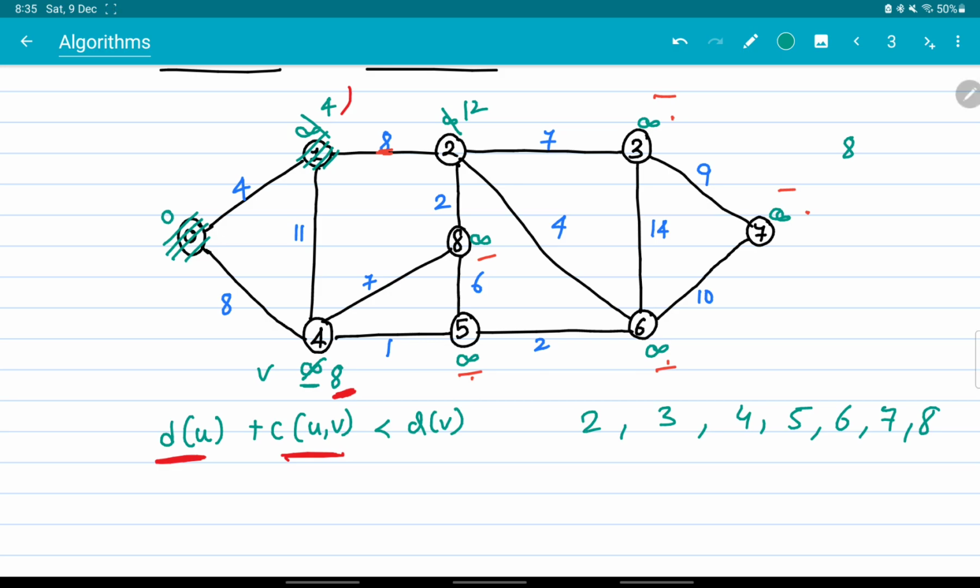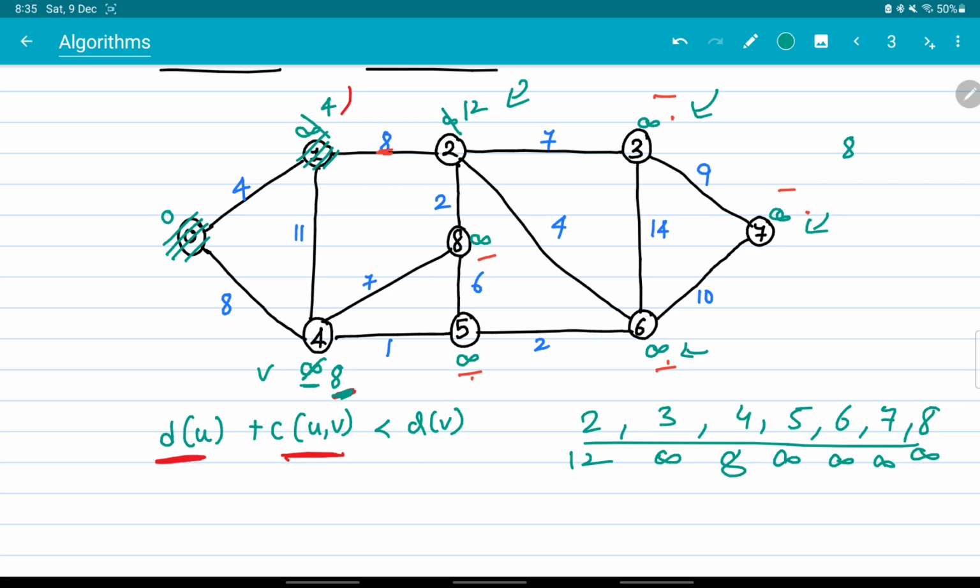The distance of 2 is 12. You can see here, this is the distance value. The distance of 3 is infinity. The distance of 4 is 8. Then the distance of 5 is infinity. That of 6 is infinity, that of 7 is also infinity, and of 8 is also infinity.